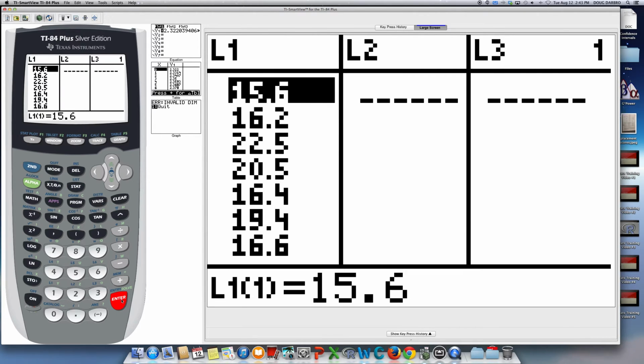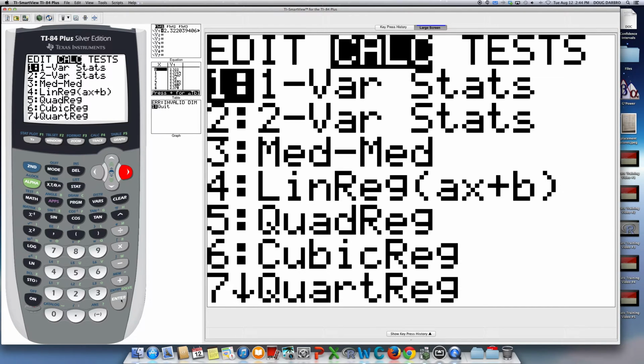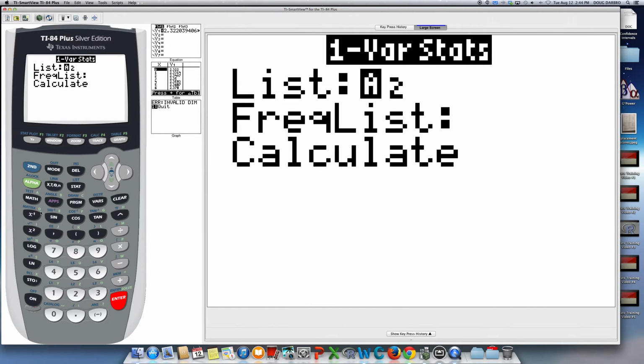All right, so guys, you see that I have the measurements in L1. So now I want to go to Stat, go over to Calc, go to One Variable Stats, and I want to perform the descriptive statistics on the data in the first column.